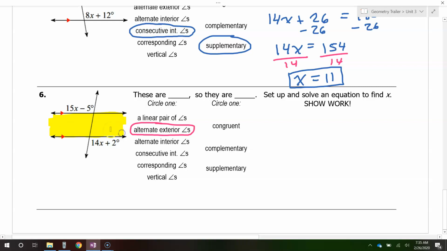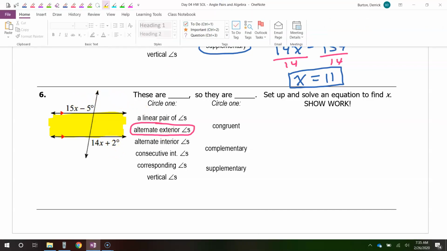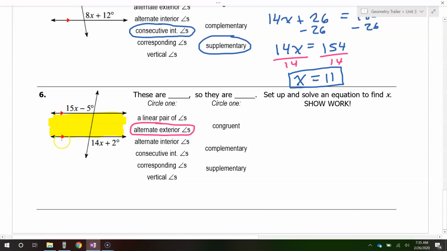It's between the lines. But these are not between the lines, so they are exterior. And again, the word alternate means that they are on opposite sides of the transversal line. Angles like these are always congruent if the lines are parallel, which they are.